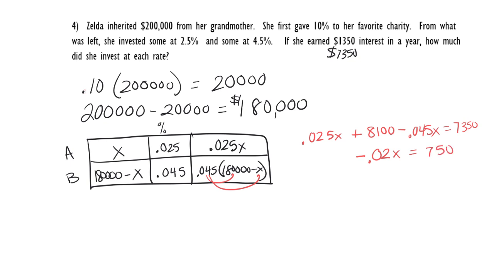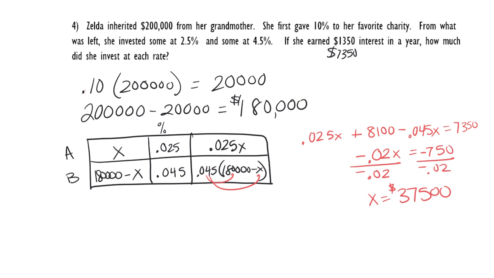Okie doke. Divide by negative 0.02. Actually, that would be a negative 750, sorry. Divide by negative 0.02. Type that in. And I end up at $37,500.